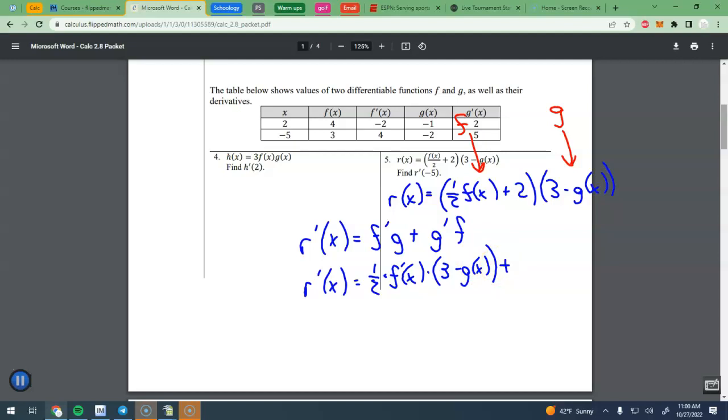Okay there? And then g prime, so the derivative of 3 minus g of x. Well, what's the derivative of 3? It's nothing. And then the derivative of negative g of x, the negative drops, and then you take the derivative of the g of x, which is g prime of x.